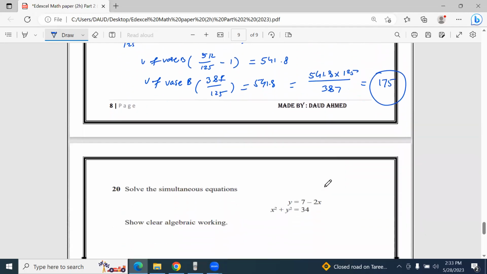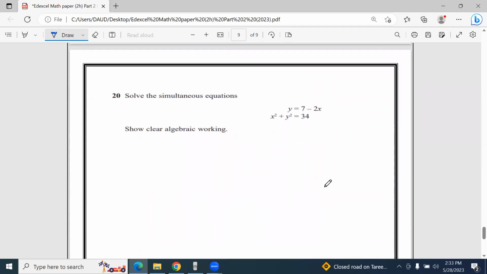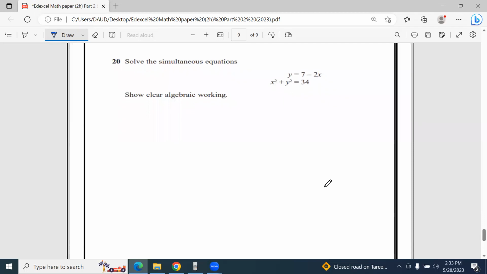Next question. Solve the simultaneous equations. This is a linear and non-linear concept: one is linear, one is non-linear. When you have such a simultaneous equation, use the substitution concept. I will take the value of y from the linear equation, y is equal to 7 minus 2x, and substitute it in the second equation.